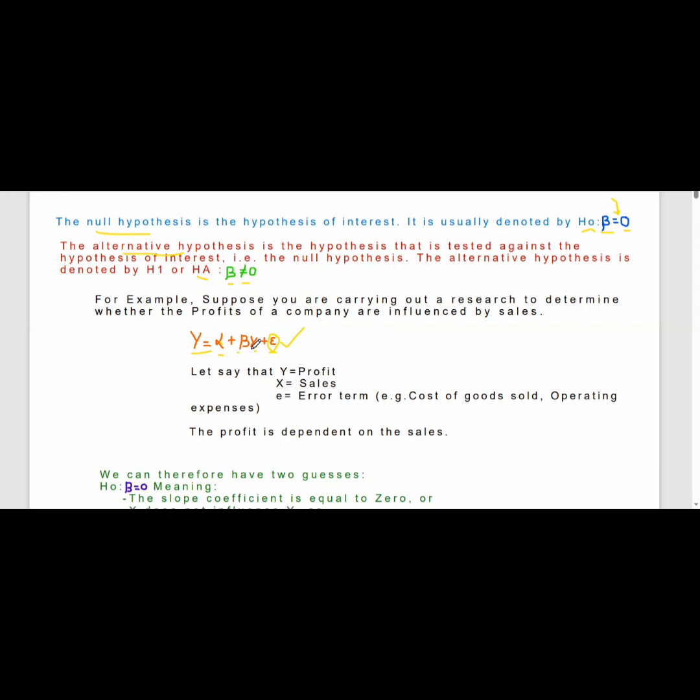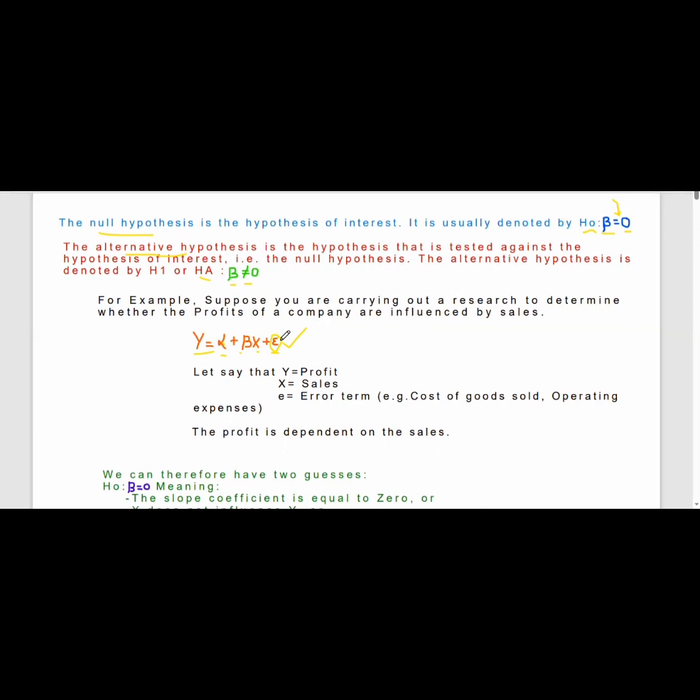But remember, there are other factors that may influence the profits. In our research, we are determining whether the profits are influenced by only the sales. So the error term accounts for other factors that influence the profit but that we have not measured in our equation. For example, the cost of goods sold, the direct cost of producing the goods, can also influence the profits.